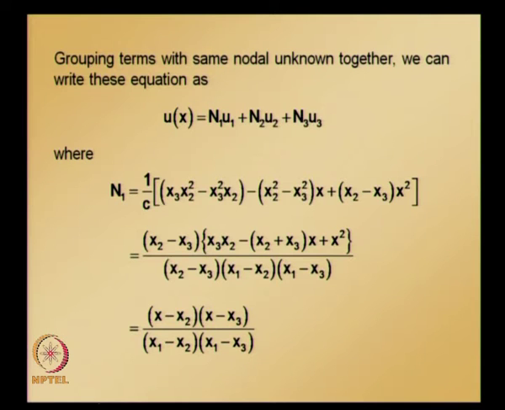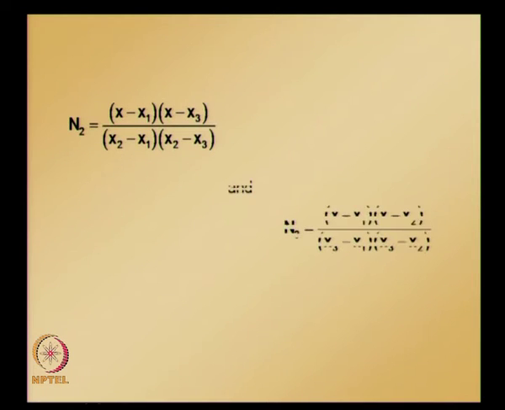So, n1 is going to be 1 at x is equal to x1, n1 is going to be 0 when x is not equal to x1. Similarly, n2 and n3 are given by this. So, these n1, n2, n3 are called shape functions for quadratic element.